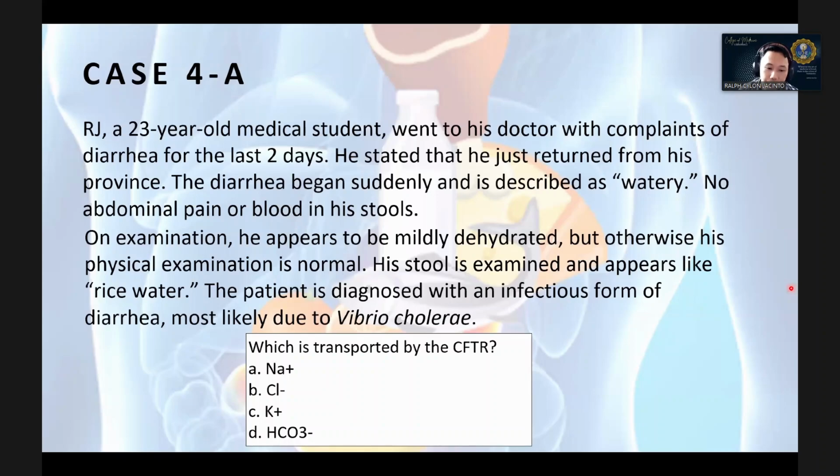Okay? CFTR can be found in certain areas in the body. Meron yan sa respiratory system, meron sa GI tract, and it can also be found in certain exocrine glands.